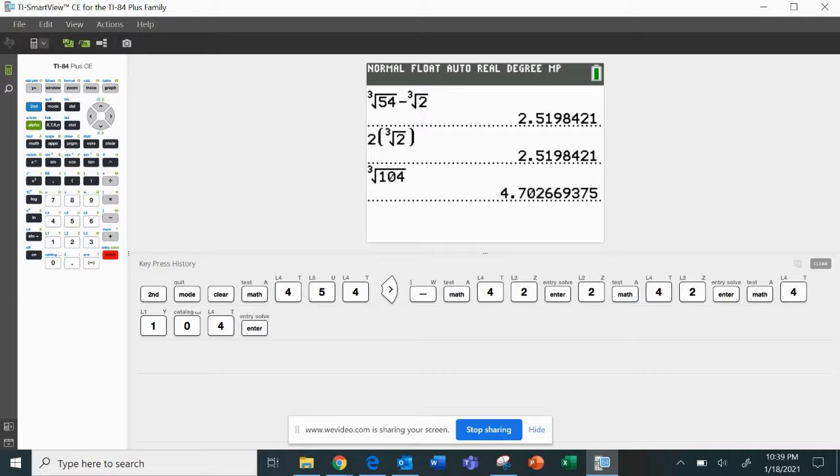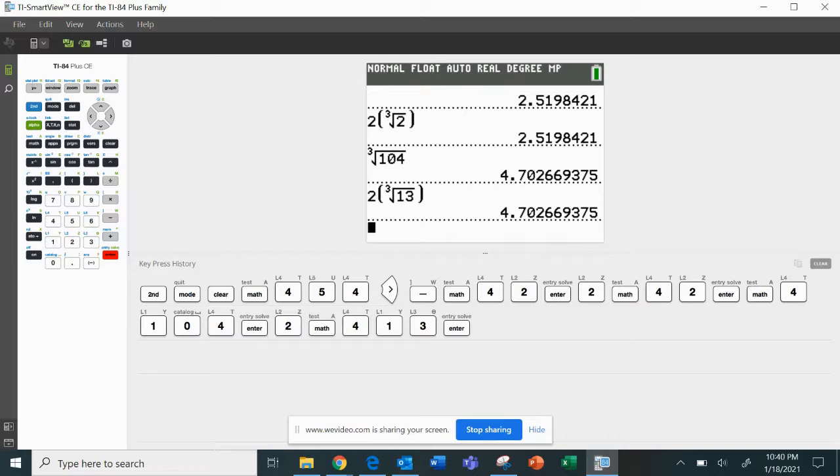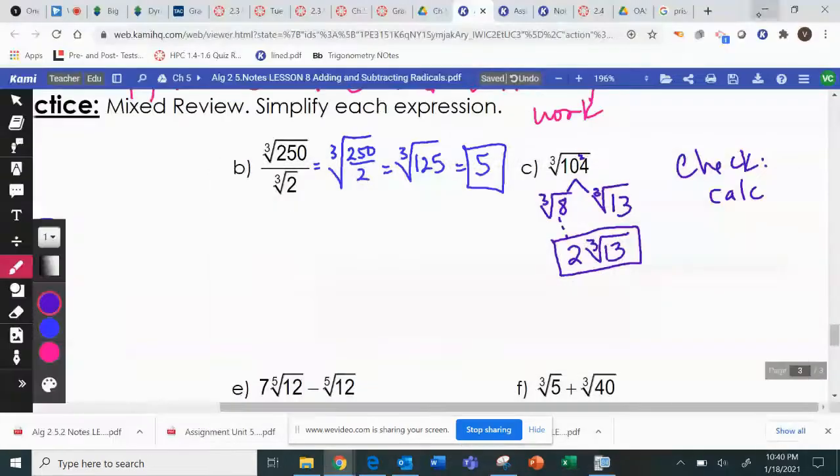So now I'm going to check that with my answer, which was 2 cube root 13. Let's see if that is correct. And they come up with the same decimal. So this is not going to tell me that it's simplified all the way, but it does tell me that I'm not wrong.